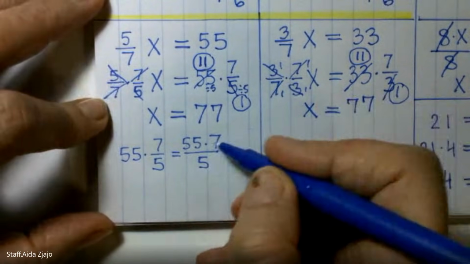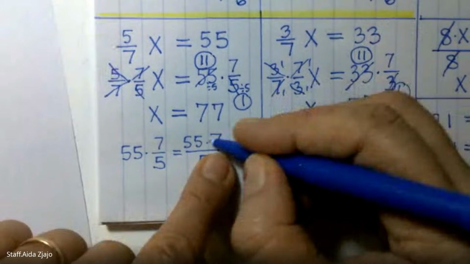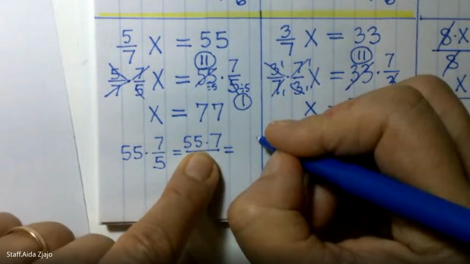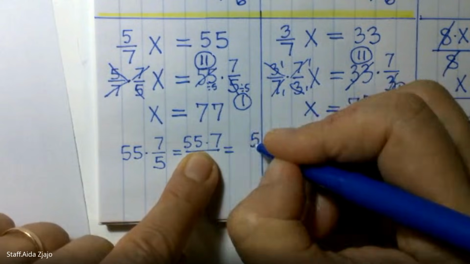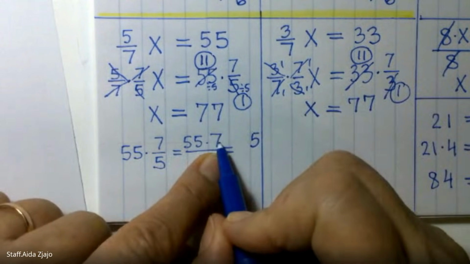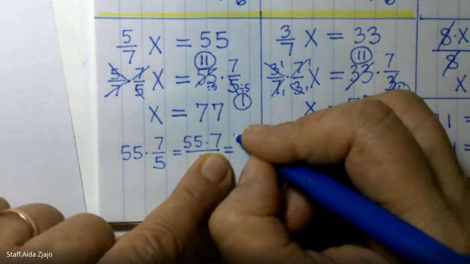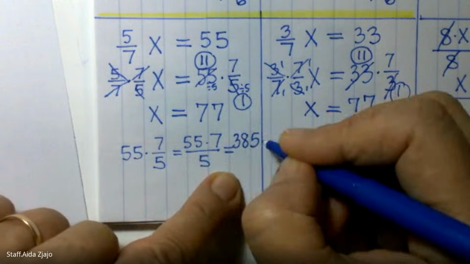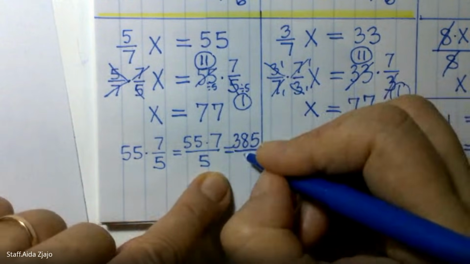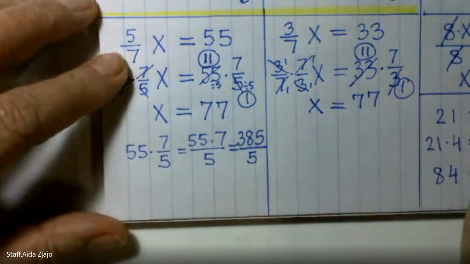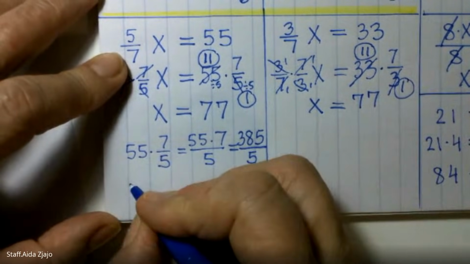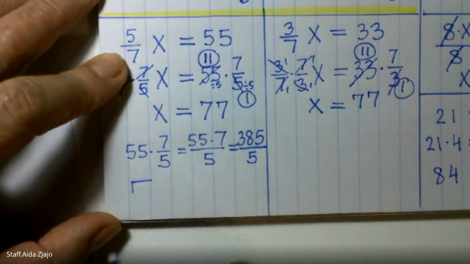So if you do 55 times 7, 5 times 7 is 35, remember 3. 5 times 7 is 35 plus 3 is 38. So you will get 385 divided by 5. And then you can use long division if you like.